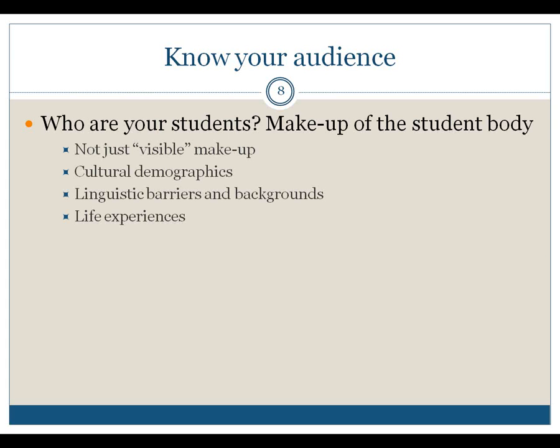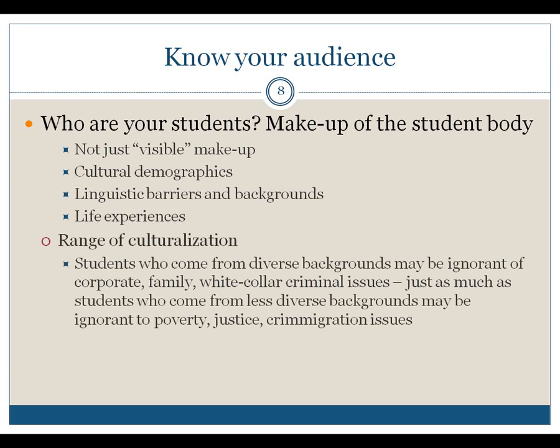For example, language barriers and backgrounds, different statuses that may not be visibly perceptible, such as sexual orientation and class differences, life experiences. I think this is really key to keeping in mind as you craft a syllabus that explicitly takes into consideration diversity and multicultural topics.